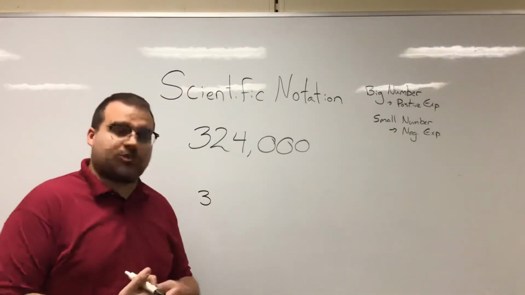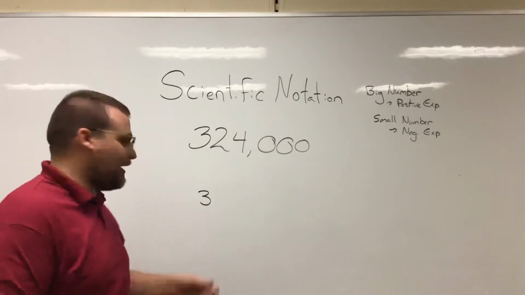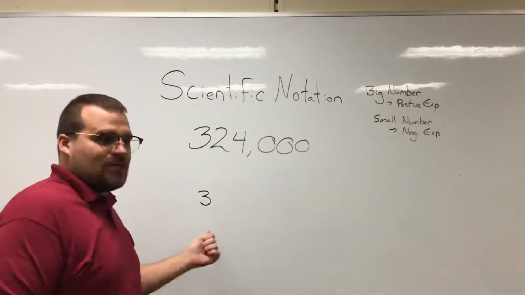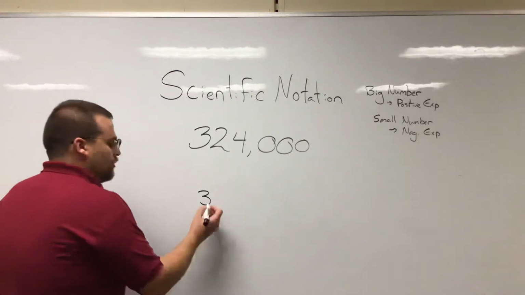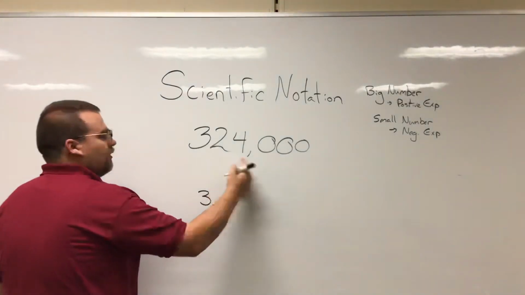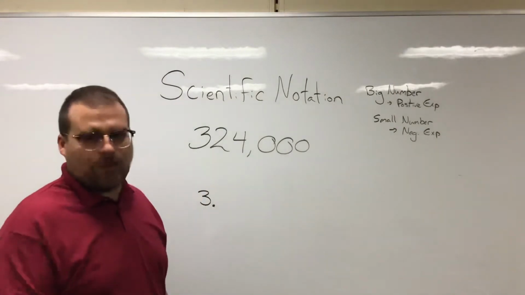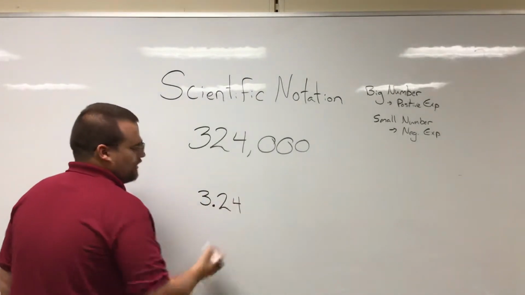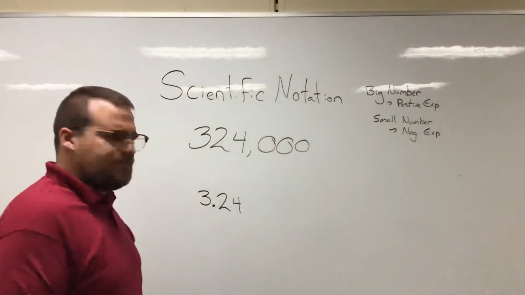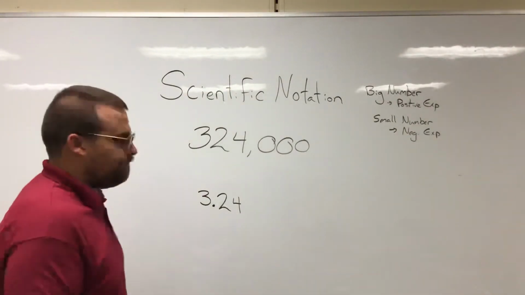We always just start with a ones digit. We're never going to have like 10 or 15 or 25 before the decimal. Just one number. So 3 point, and then we want all of our actual numbers. These are also sometimes referred to as significant digits or significant figures. So 3.24 is what I'm going to write.